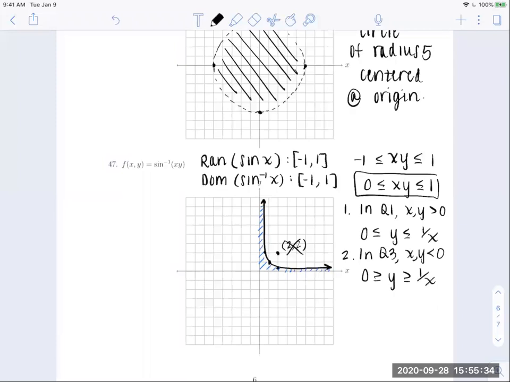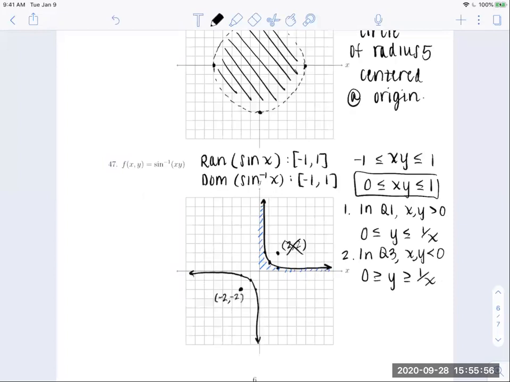All right, so let me plot this reciprocal function here in the third quadrant. And again, let me test a point, -2, -2.